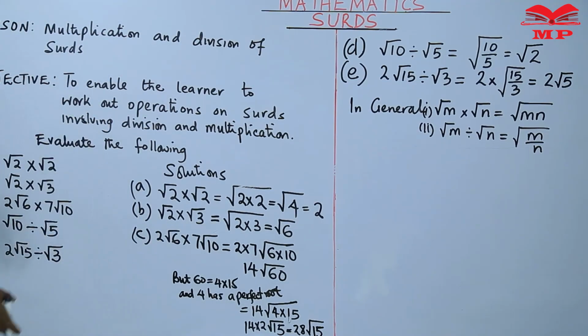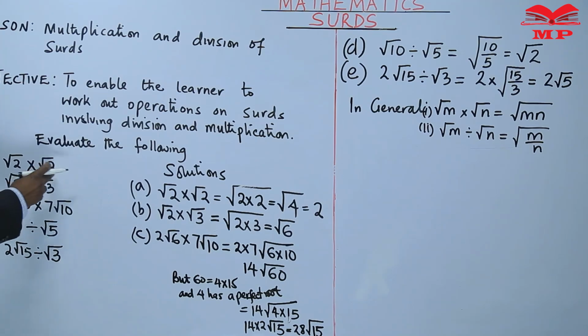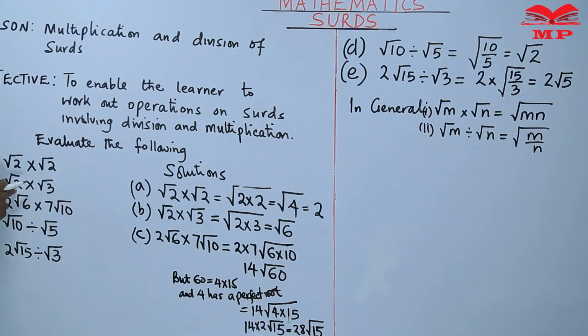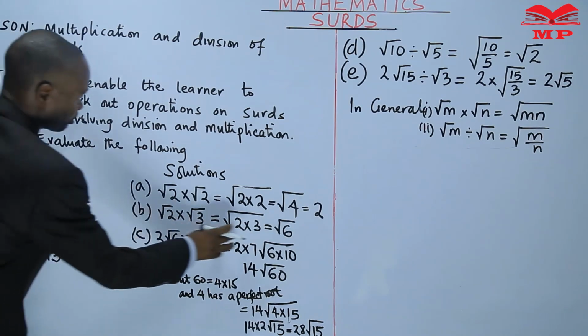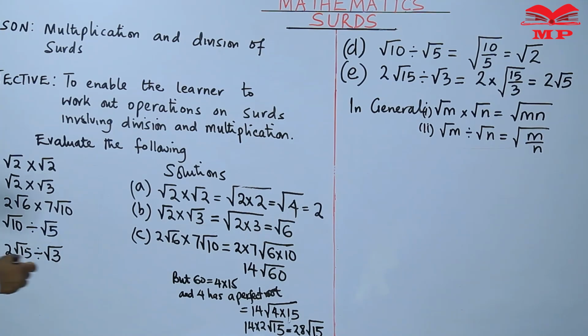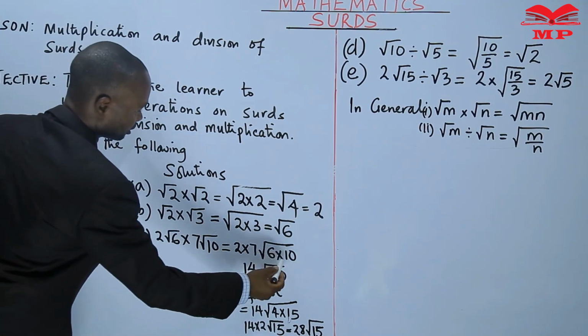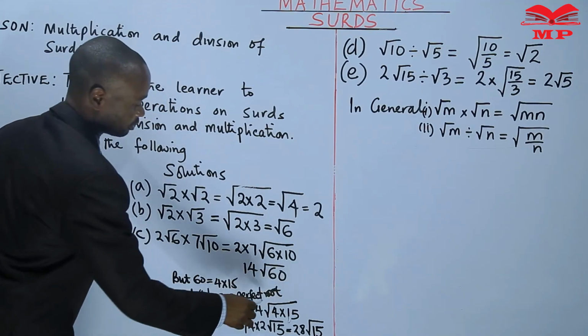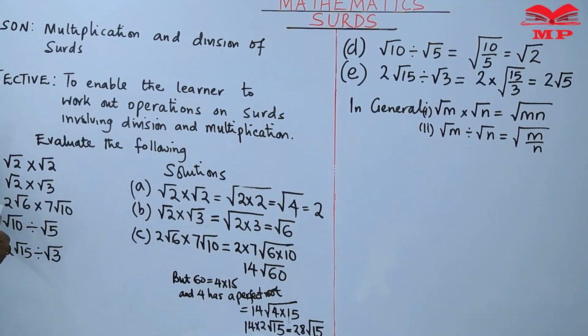So just a small recap: square root of 2, square root of 2, we pulled it in the same bracket. Square root of 2 times square root of 3 pulled in the same bracket. That's why we got square root of 6. When we came here and it came to having square root of 60, one of the multiples, 4, had a perfect root.